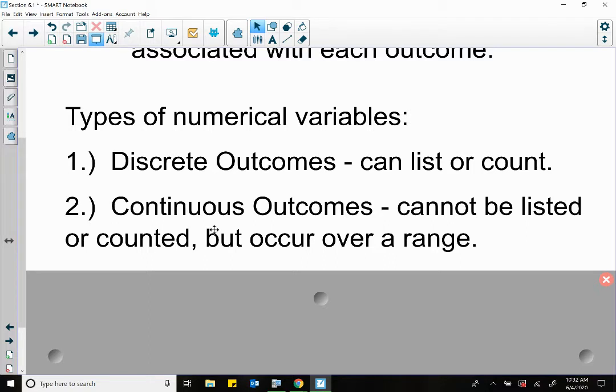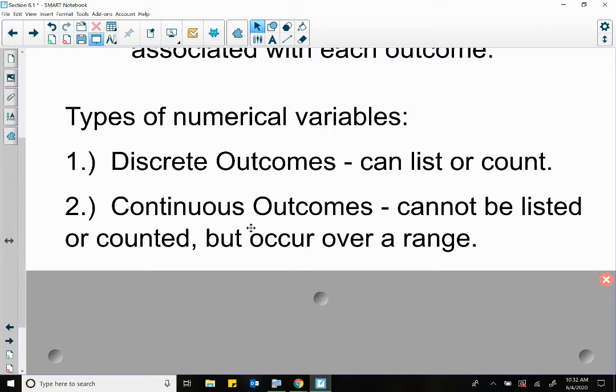I'm not exactly 5,000. I'm somewhere between there. Okay. So your weight is generally over a range because I can't count it, and we can't list all those. And again, we're talking about in an experiment here, and we want to try and be as accurate in an experiment as possible, which means we're going to have decimals. Okay, so it's going to be over a range.